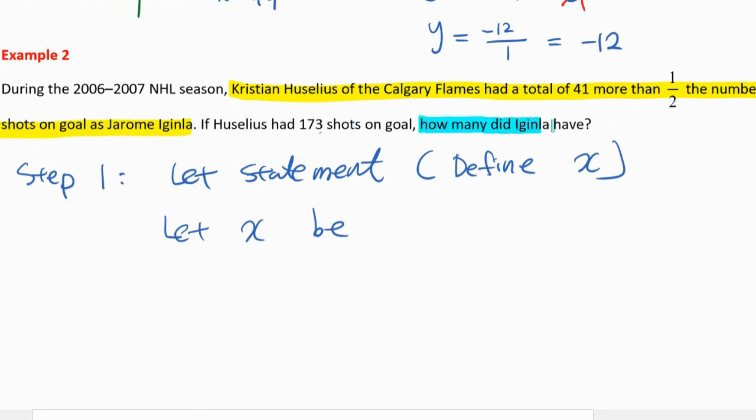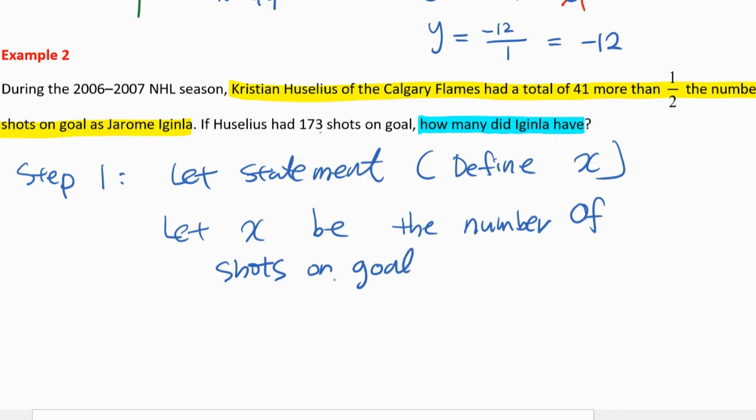So how many did Iginla have? So we want to know how many shots on goals Iginla had. So we're going to let x be the number of shots on goal Iginla had.